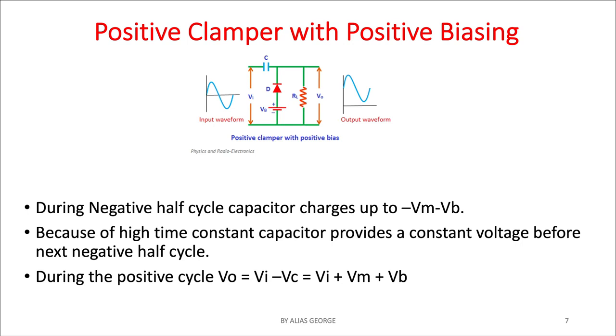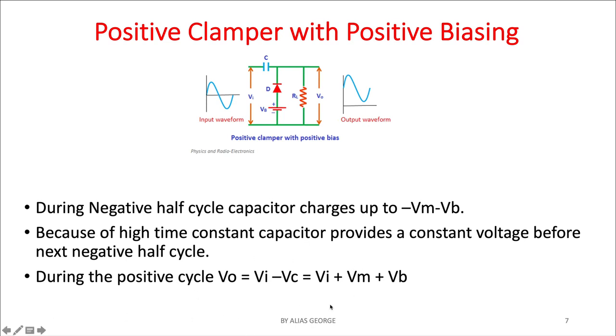So here it is a positive clamper with positive biasing. During the negative half cycle, capacitor will be charged to minus Vm minus Vb, as we told. Because of the high time constant, the capacitor provides a constant voltage before the next negative cycle. Before it gets charged again, it provides a constant voltage in between charging conditions.